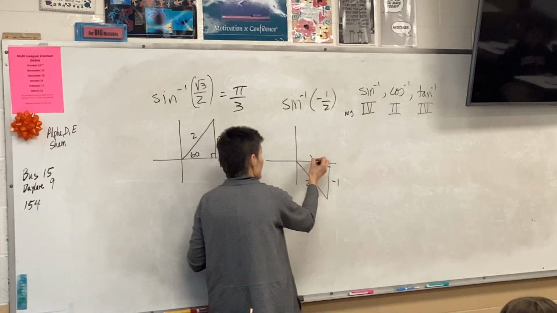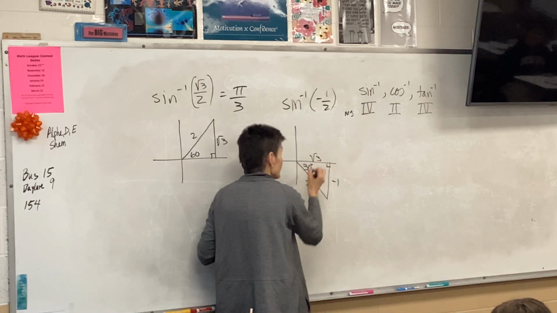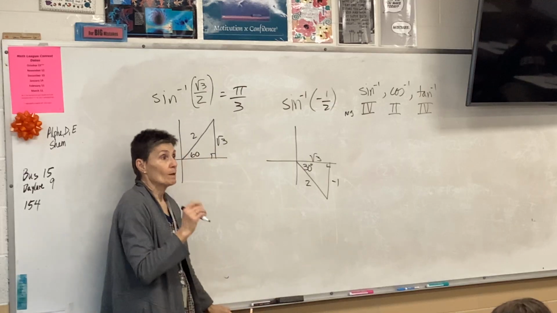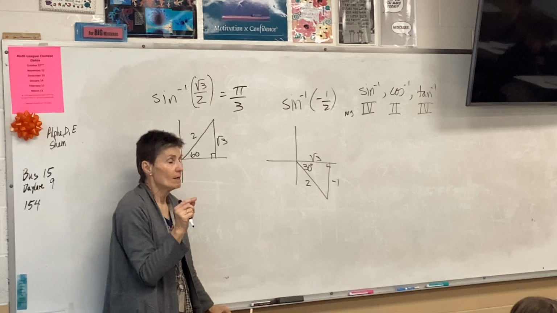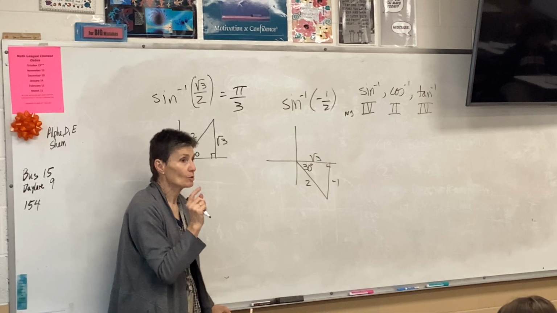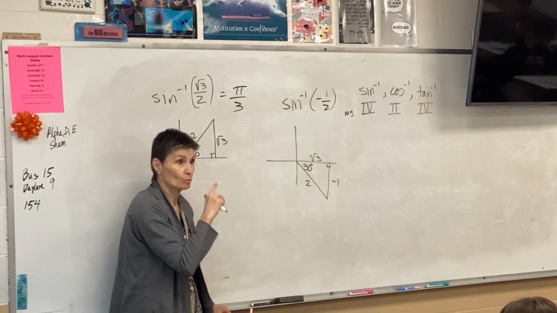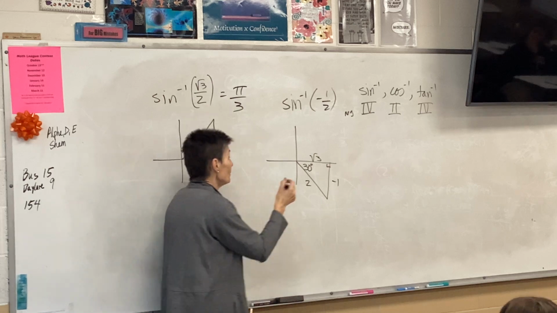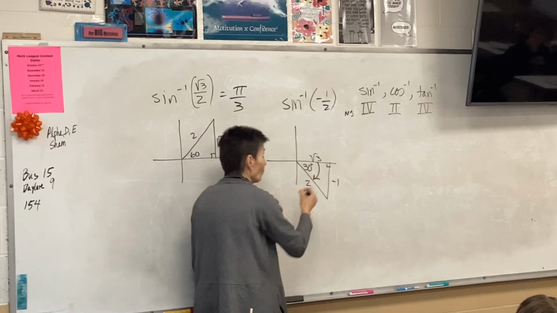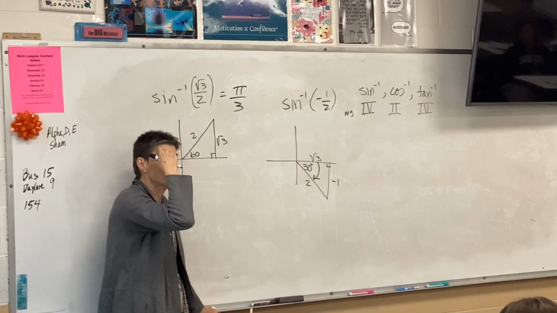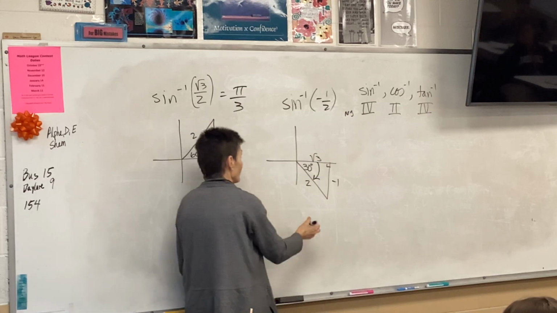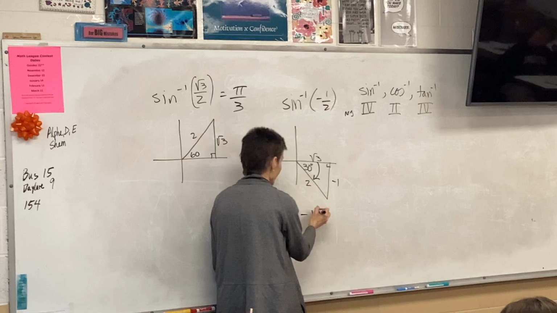So that would make this root 3, and the angle is 30. When you answer the question, though, please don't say 30. Which quadrant is 30 in? Quadrant 1. So 30 can't be the answer. This is your answer. What angle is that? Negative 30. But it's supposed to be in radians, so it'll be negative pi over 6.